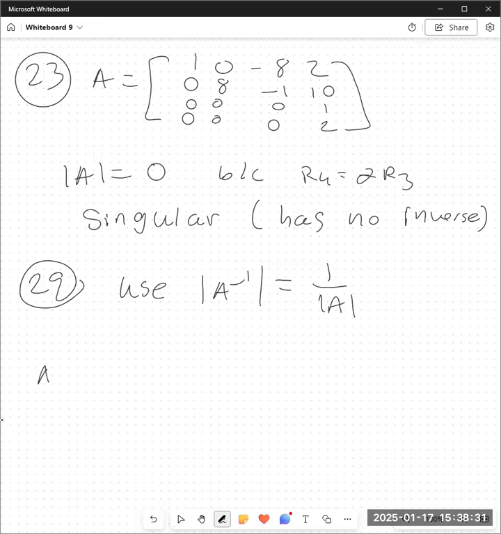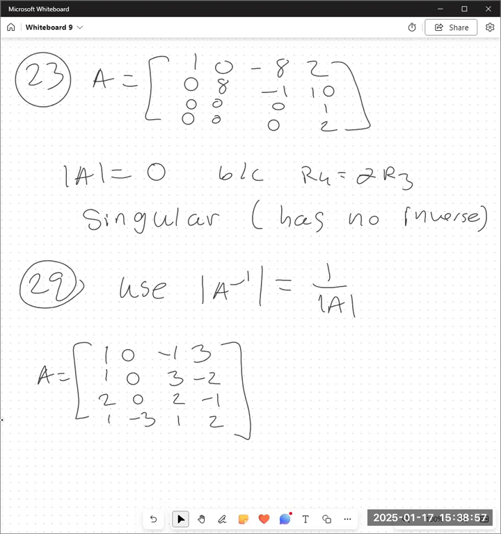Matrix A is 1, 0, -1, 3, 1, 0, 3, -2, 2, 0, 2, -1, 1, -3, 1, 2.